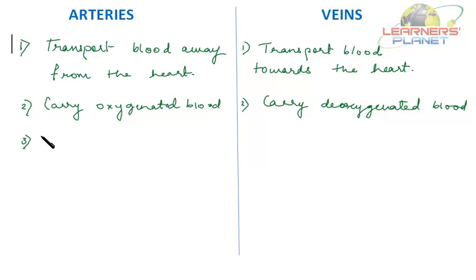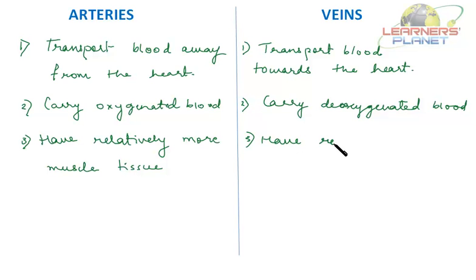The third difference between arteries and veins is that arteries have relatively more muscle tissue, while the veins have relatively less muscle tissue.